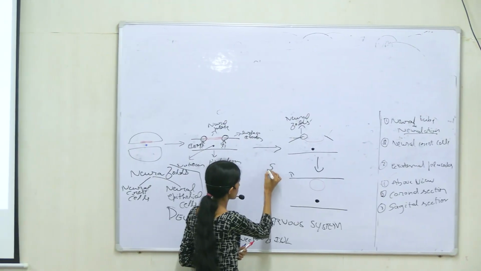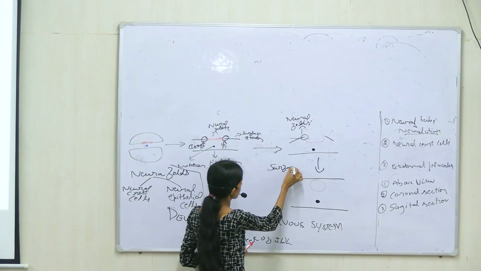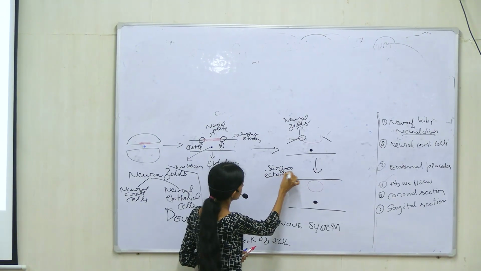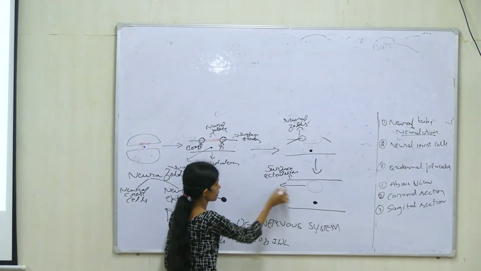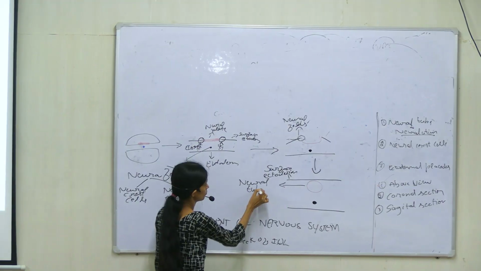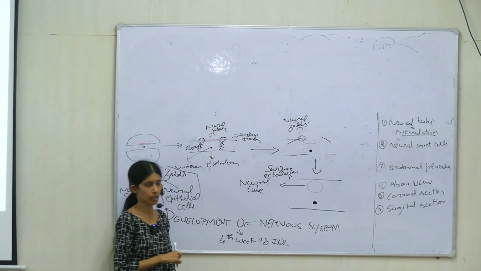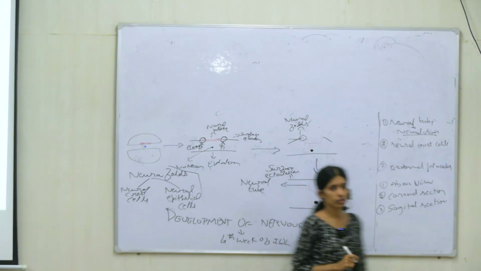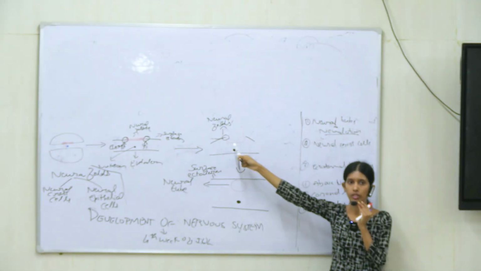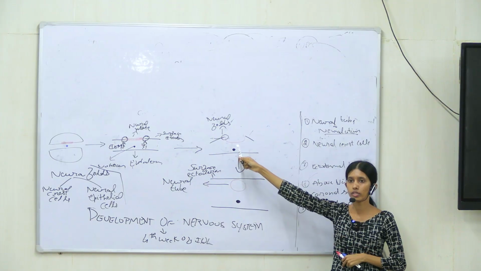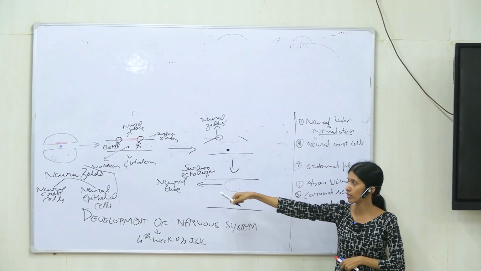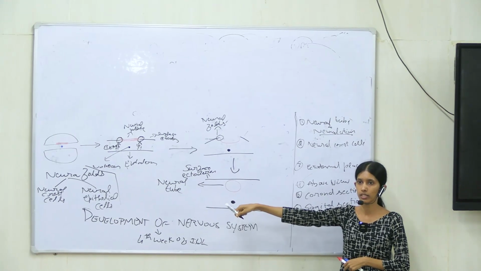This is your surface ectoderm and this is your neural tube. Okay. So we have seen the formation of neural folds. The components of this neural fold are neural crest cells and neural epithelial cells.